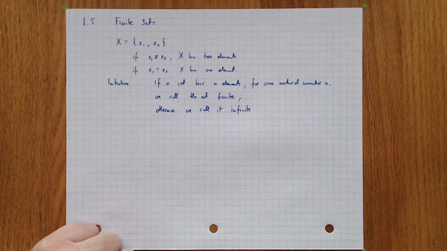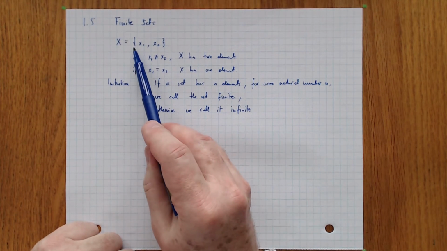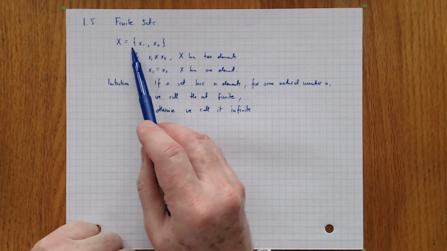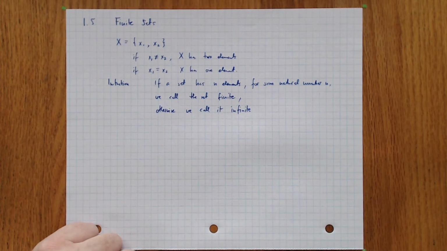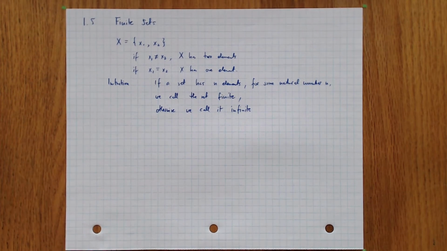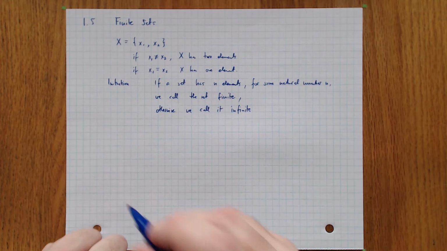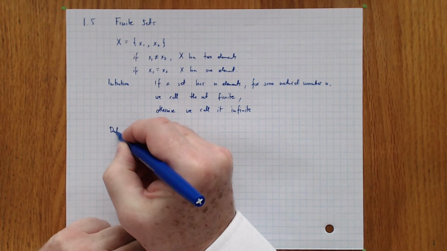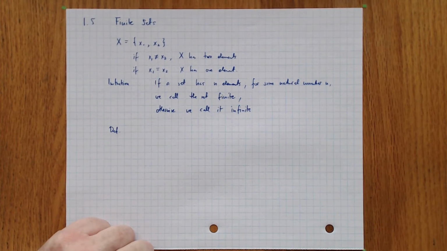Axiom of pair and axiom of extensionality allowed us to write pair sets. These two axioms, together with other axioms of set theory, allow us to formulate any finite sets. And here is a definition.